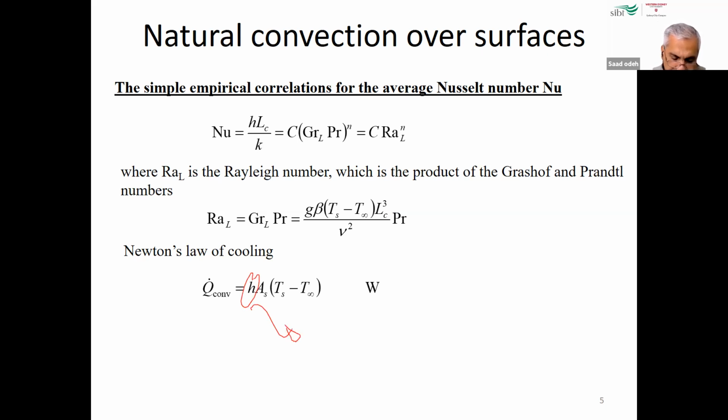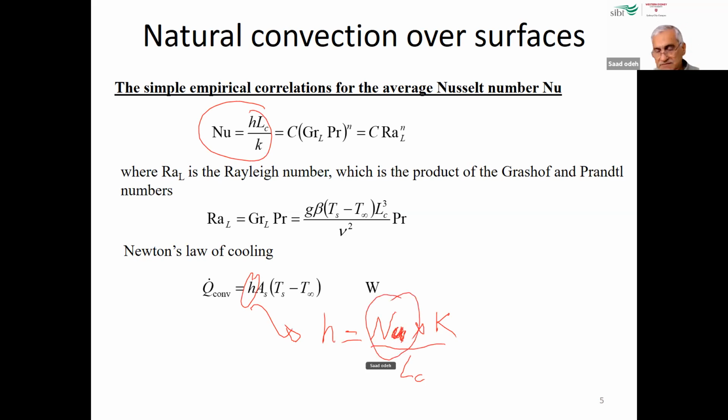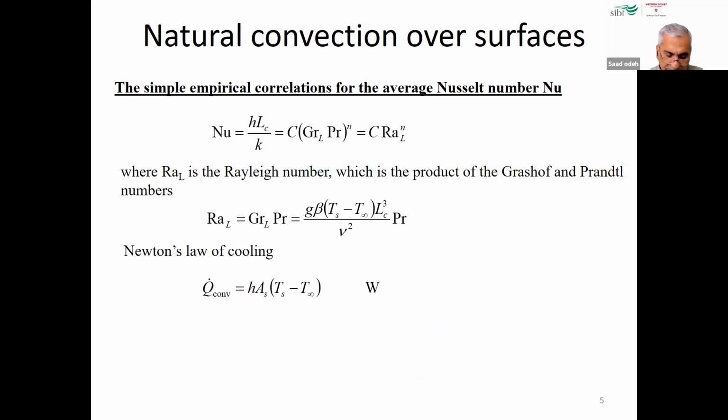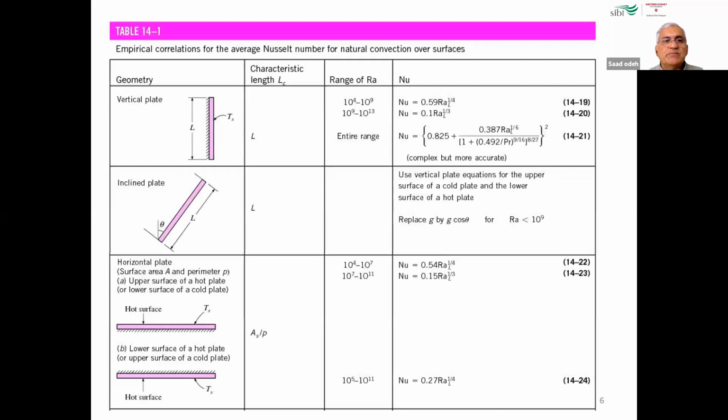So remember, h is equal to, based on the Nusselt number formula, the Nusselt number multiplied by k divided by the length of the surface. All right, so now we need to find the Nusselt number to substitute it in this formula. And the Nusselt number, of course, as we said, we need to go to tables to find for natural convection. To do this, we refer to table 14.1.